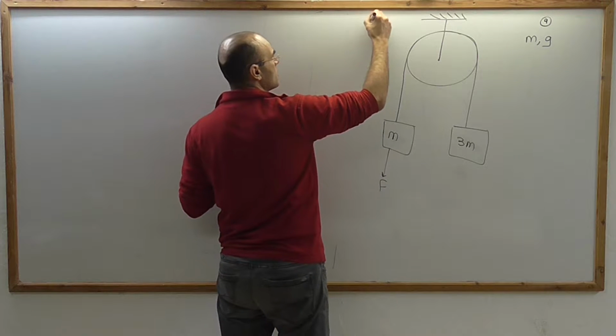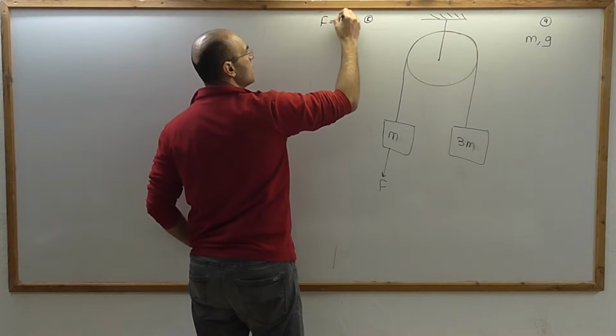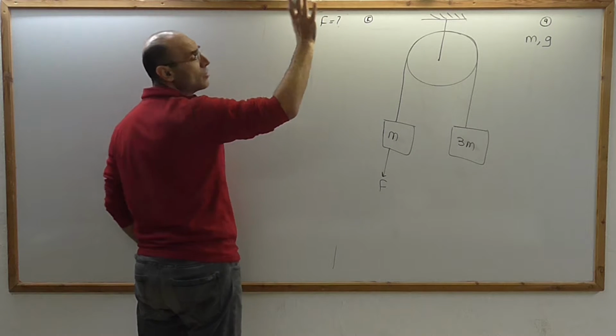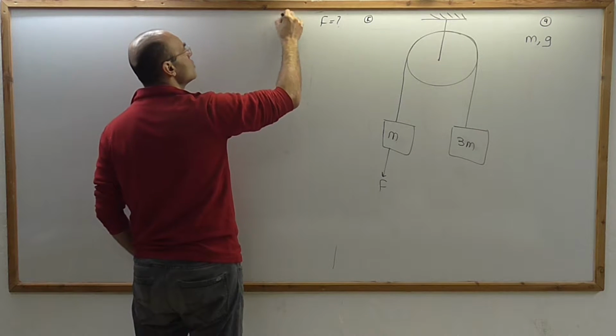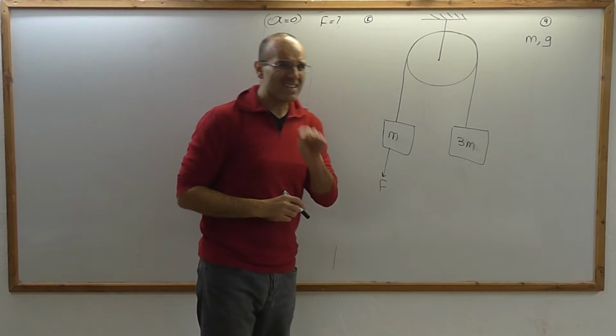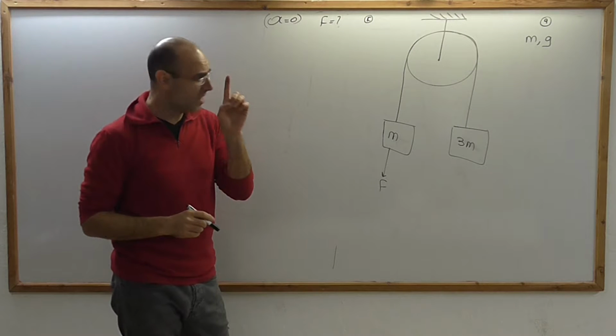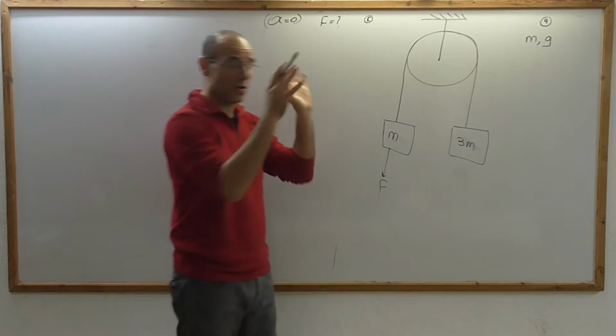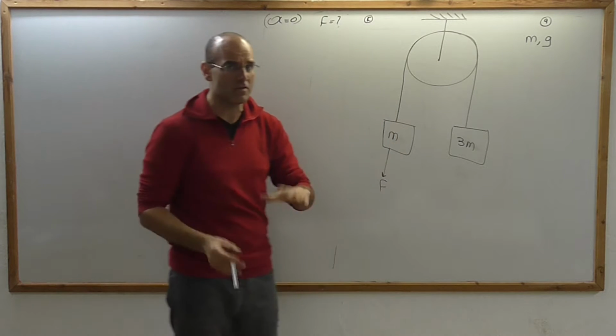these. First question, what is F if we know that this system remains in its state, which means A is 0. Remains in its state, I remind you, doesn't mean that it is at rest, it means either rest or same velocity.